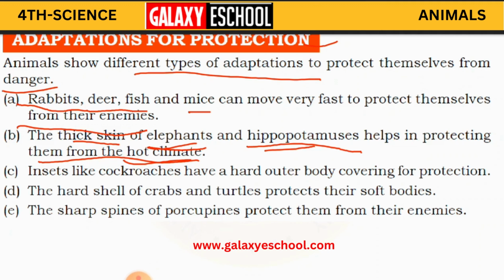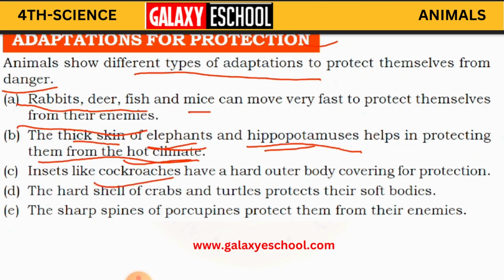Same like that, animals also cannot bear the extreme sun and the extreme cold, that is the heat and also the cold. That is how the thick skin of elephants and hippopotamus helps them from the harsh climate, that is the hot climate. Clear children?